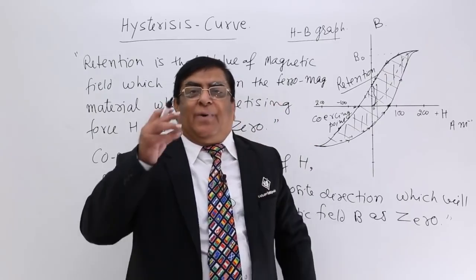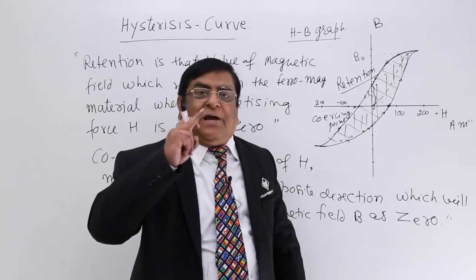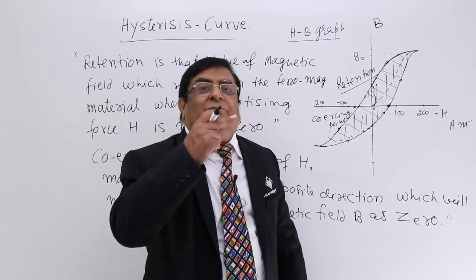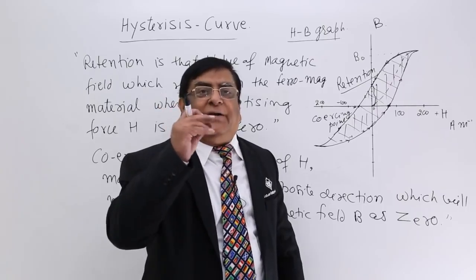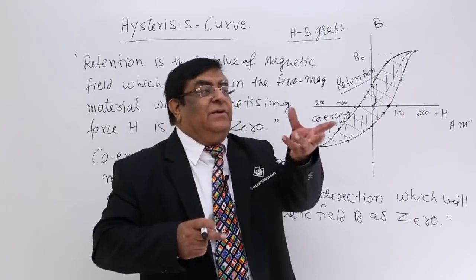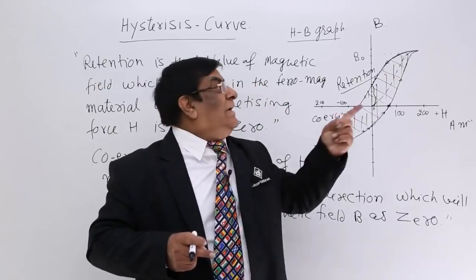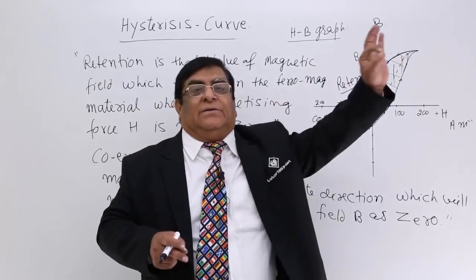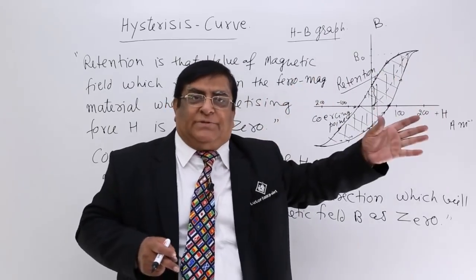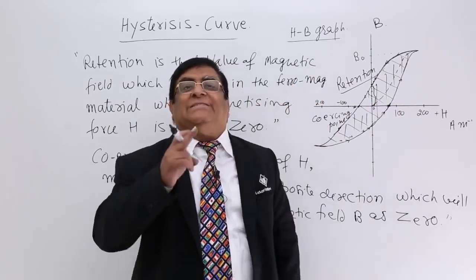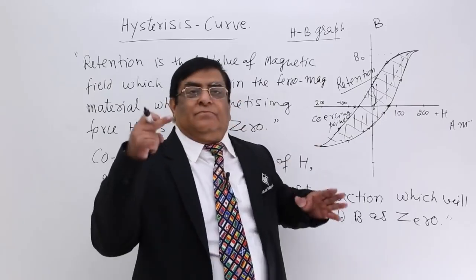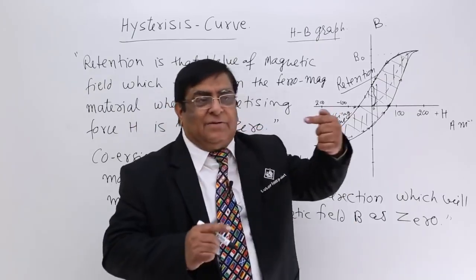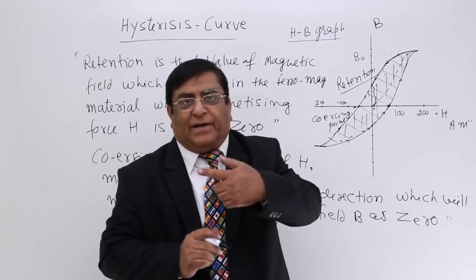That means if by H we are applying an energy of 100, then we find that out of 100, 10 is lost in rotating or magnetizing the material, and what is used is 90. We are giving 100, 100, 100, 100.